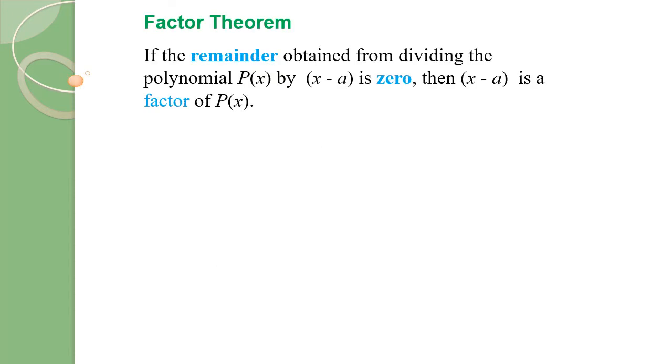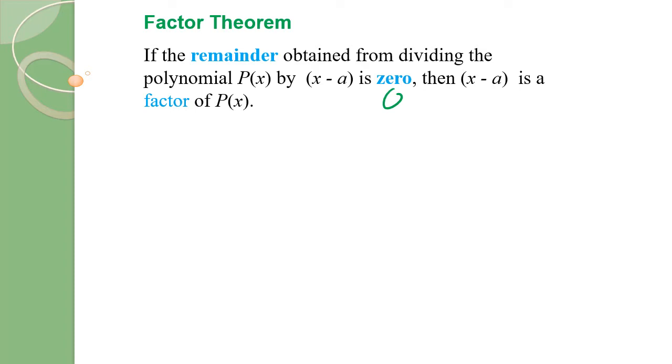What is the factor theorem? If the remainder obtained from dividing the polynomial by x minus a is 0, then x minus a is a factor of p(x), the polynomial. Now if we relate back with the remainder theorem, we will have the remainder the same as when we substitute the value of a into the polynomial.